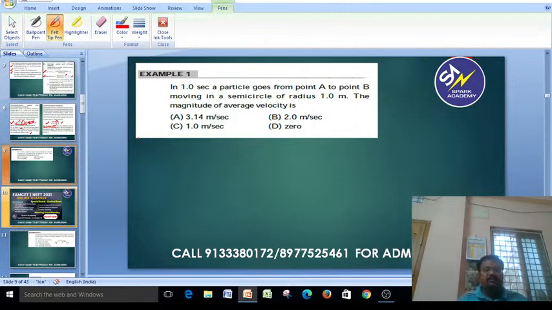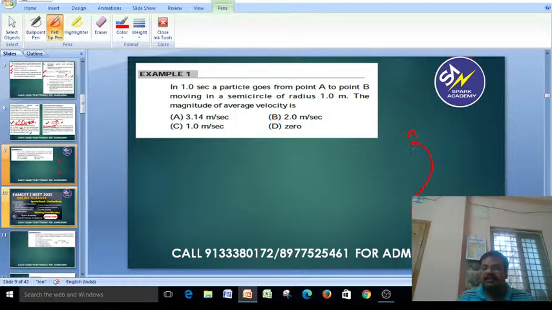First numerical: in 1.0 second a particle goes from point A to point B, moving in a semicircle of radius 1.0 meter. The magnitude of the average velocity is? So the particle goes from A to B, reaching there along a circular path.